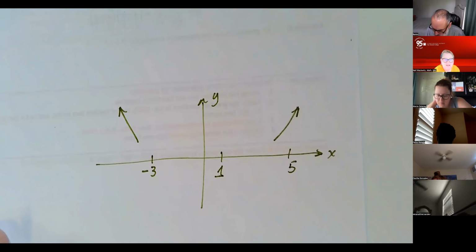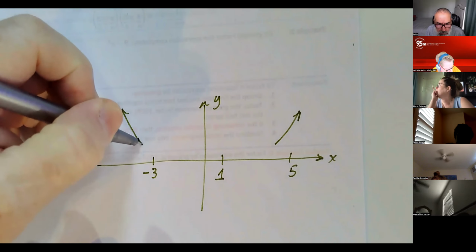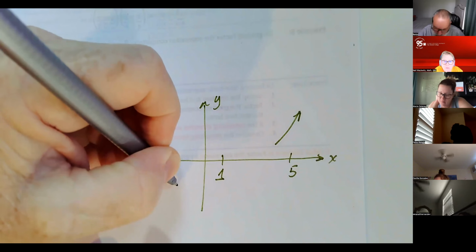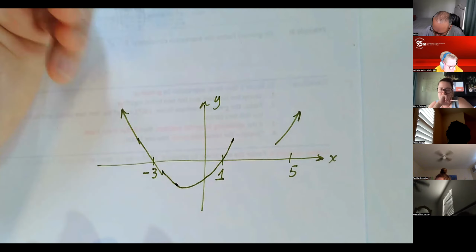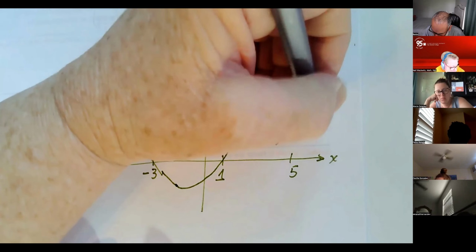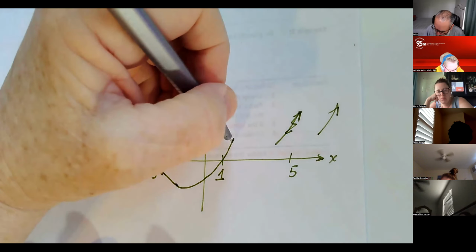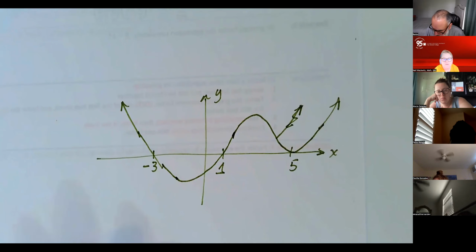What was the multiplicity of -3? 1. Since it's odd, we'll cross. What is the multiplicity of 1? 3. Since it's odd, we'll cross. And what is the multiplicity of 5? 2. Since it's even, we're going to touch. And there it is. That's the graph.